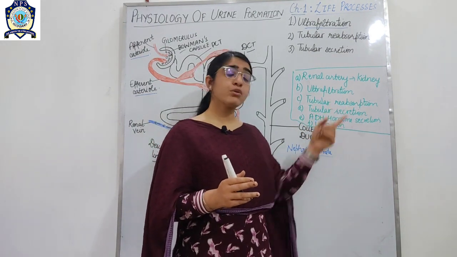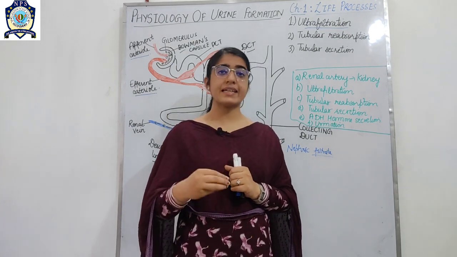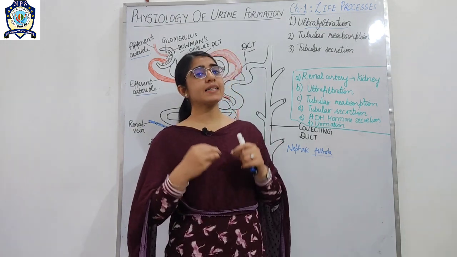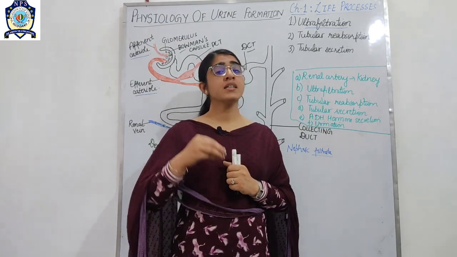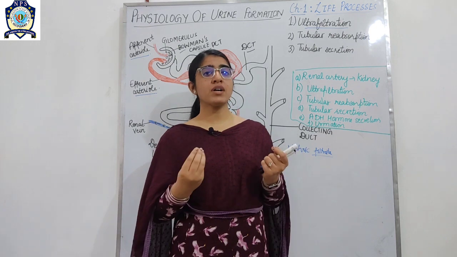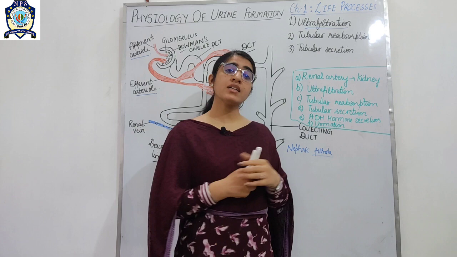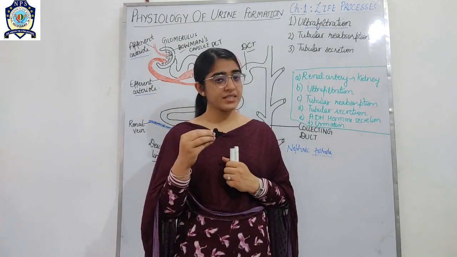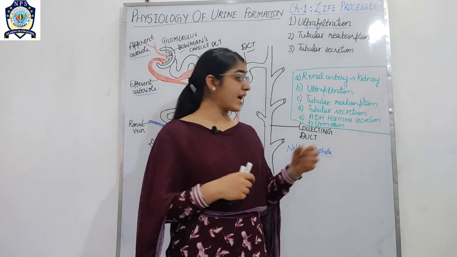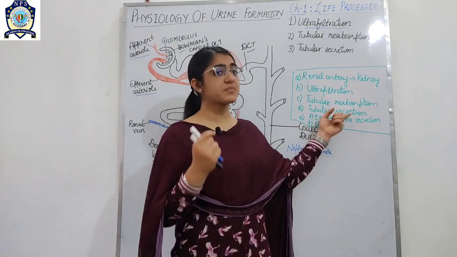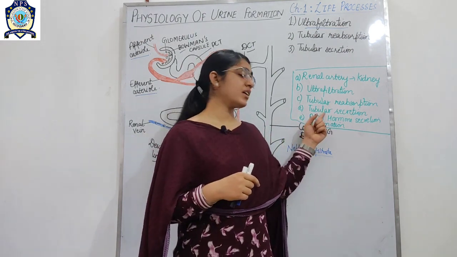Then tubular reabsorption occurs, where in the descending limb, ascending limb, PCT and the loop of Henle maximum absorption of ions, urea, amino acids and sodium chloride occurs. Then in tubular secretion, the rest of the waste released by the tubes into the DCT, that process of release of substances in the form of urine, is called tubular secretion.